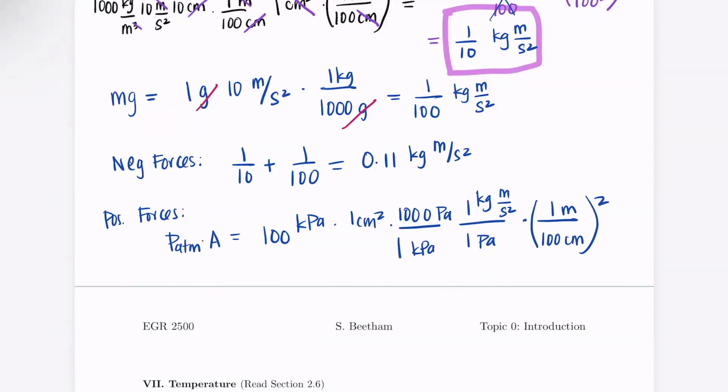Okay? So we cancel out our kPa, we get rid of pascals, and then you know what, I skipped a step, sorry. So this 1 pascal is a Newton per meter squared.